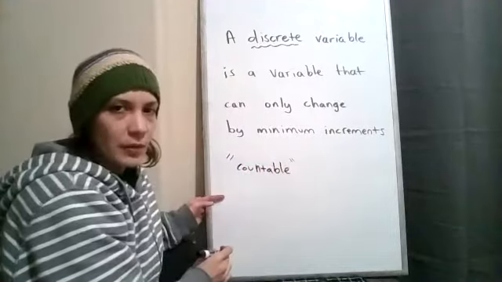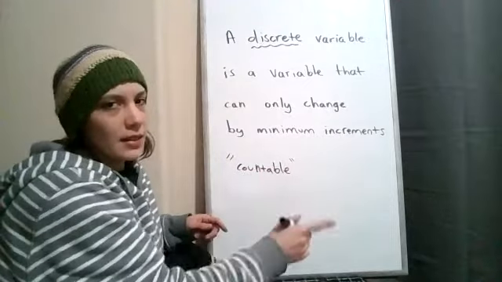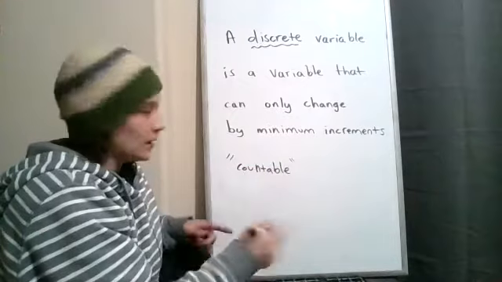And we'll do examples here, but when we get to continuous, those values are infinite. These are countable if the other one's infinite.